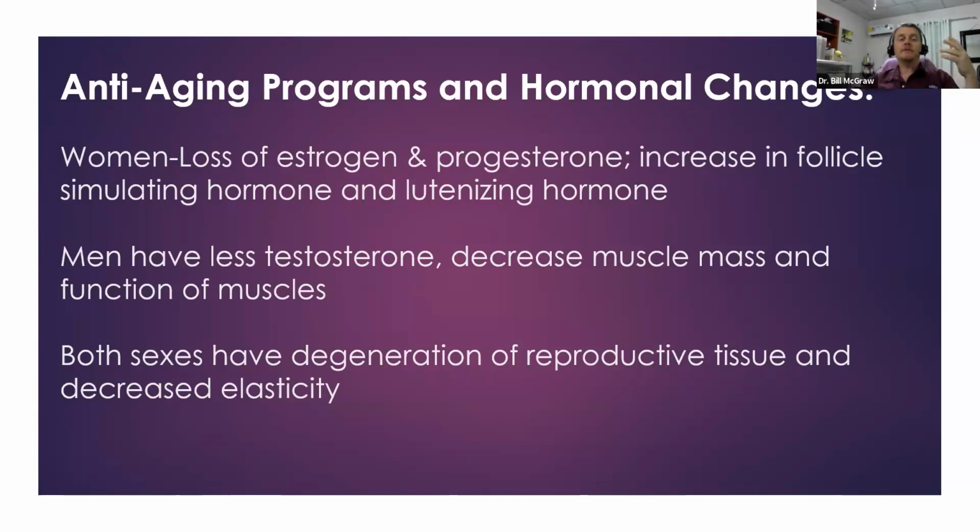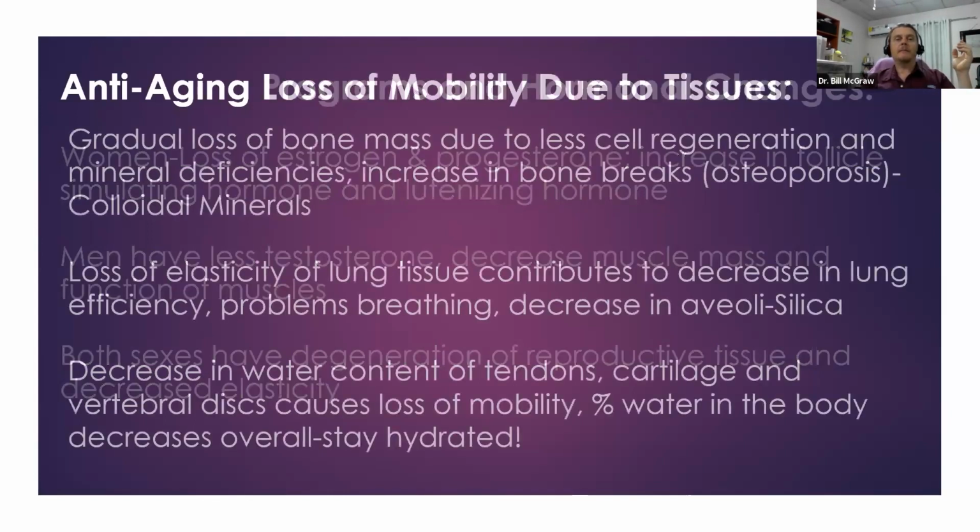And oftentimes there's a better outlook on life when you have more energy and more testosterone if you're a male, right? And both sexes go through a degeneration of reproductive tissue. Decreased elasticity, here we go again with silica and the cell turnover. So we're going to talk about frequencies to use to increase the elasticity of tissues, to increase cell regeneration. We're going to talk about that in a minute.